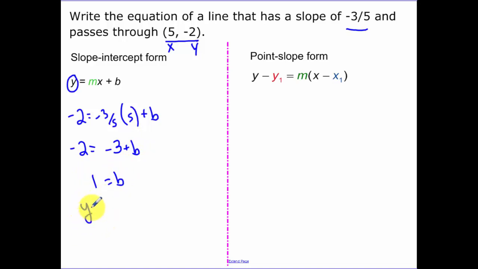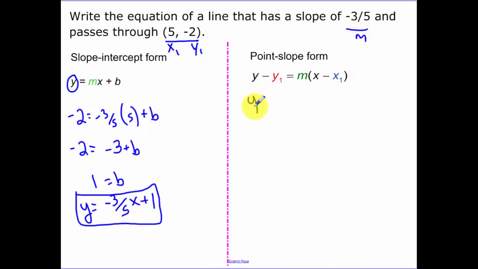So now plugging into y equals mx plus b, we get that equation right there. Now plugging in point slope form. Remember, this is x1, y1, and this is my m. So all you have to do is plug in.